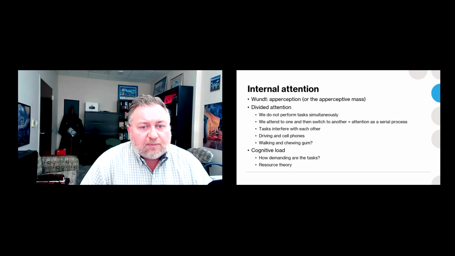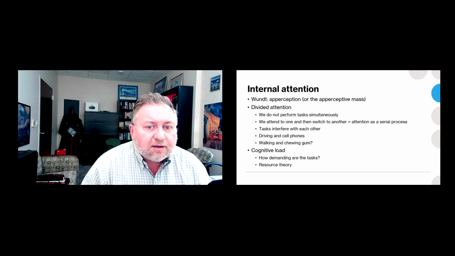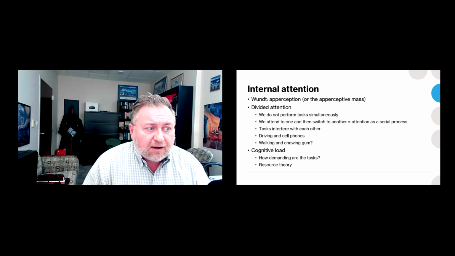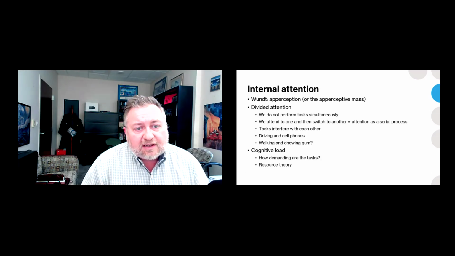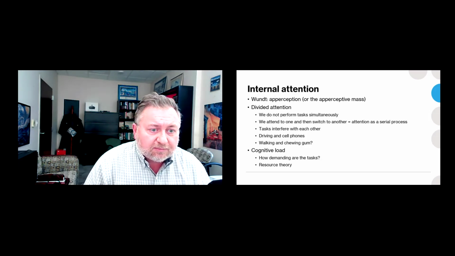But then he described what happens is that all of this perceptual information comes together to create the current content of our experience as we are thinking right now, right? The current content of our consciousness. And he refers to this as the apperceptive mass, right? The sum total of all of our current cognition. And this act of converting perception into the apperceptive mass is called apperception.